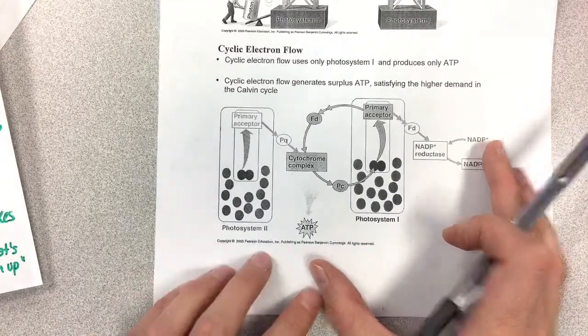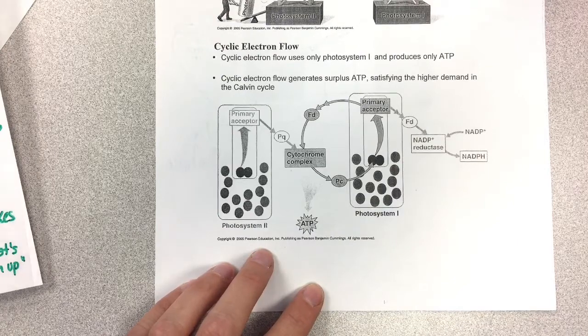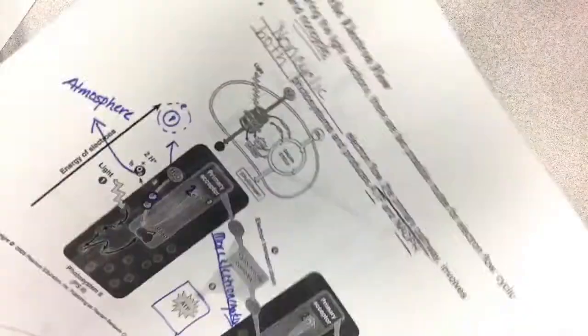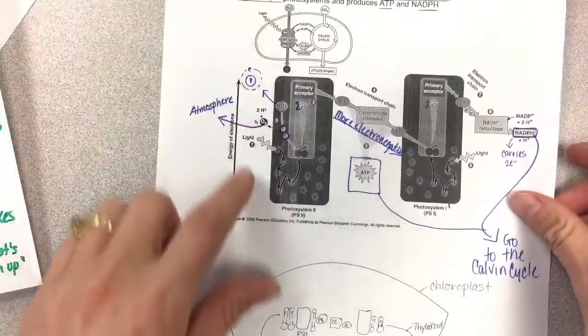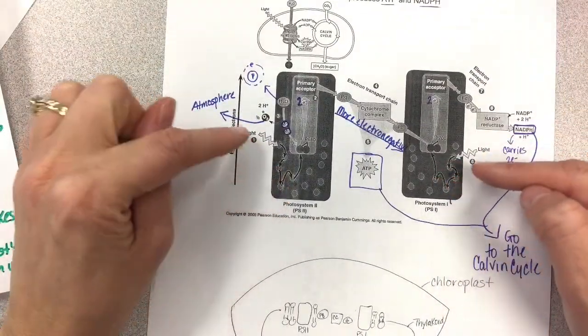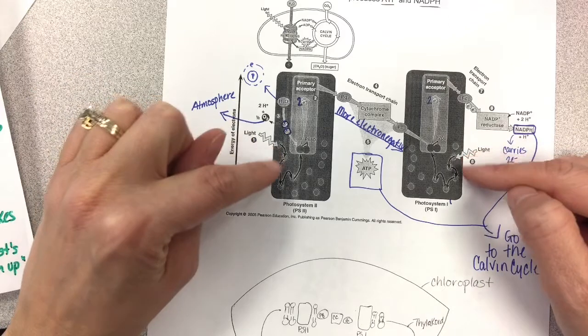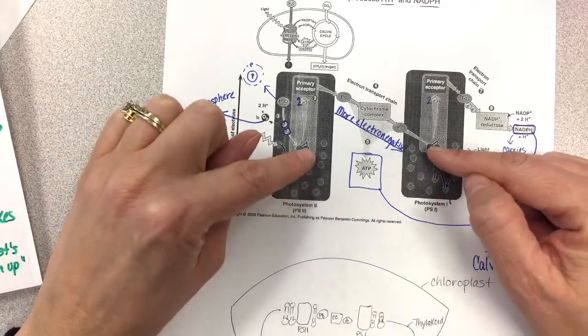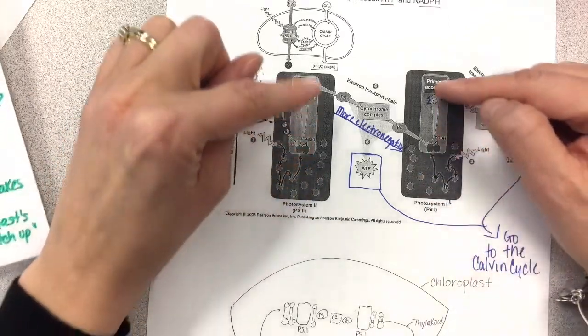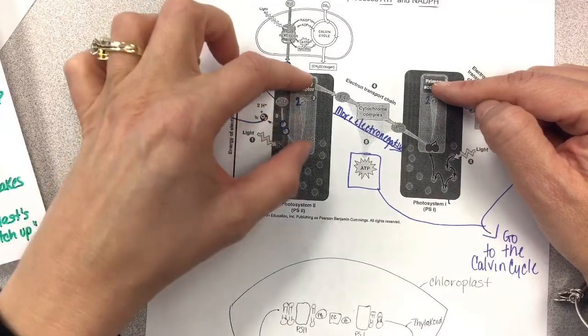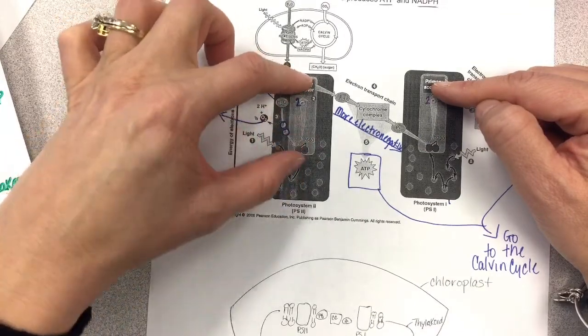So what I want us to understand here, what we had already talked about is non-cyclic electron flow, which is, just to quickly review, remember that the light comes in, is absorbed by the accessory pigments, gets to chlorophyll A in the reaction center, and electrons get excited. These electrons right here are replaced by water.